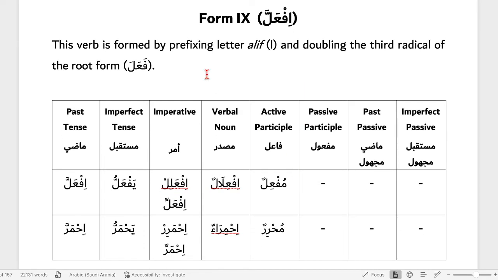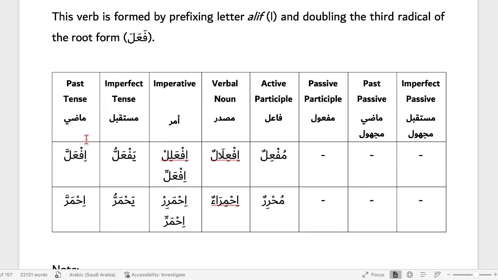Form 9. This verb is formed by prefixing the letter alif and doubling the third radical of the root form fa'ala. So you are going to be doubling it and alif is added. If'alla, yaf'allu, amar can be in two forms, if'alil or if'alli.